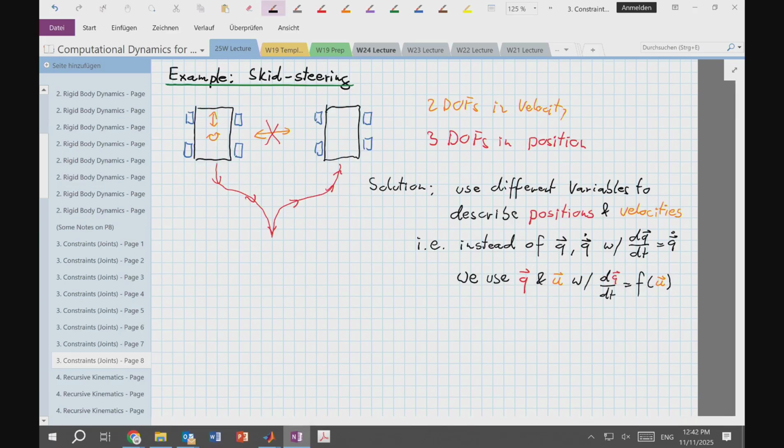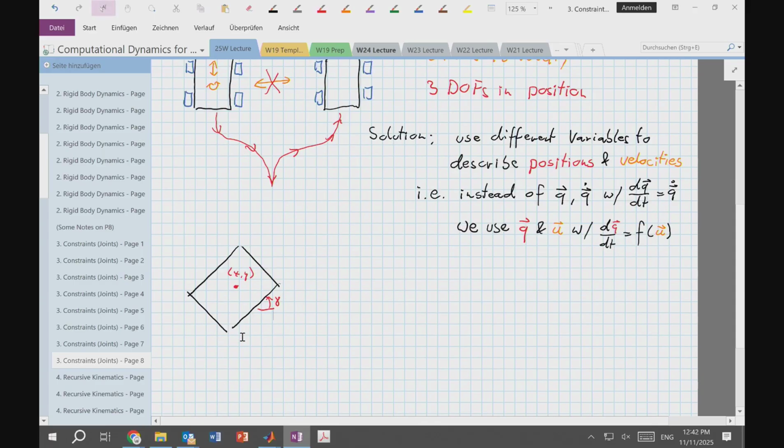What does this mean in our example? So let's draw our little bobcat. It sits here, position x and y, some orientation gamma. We called this x in the past.